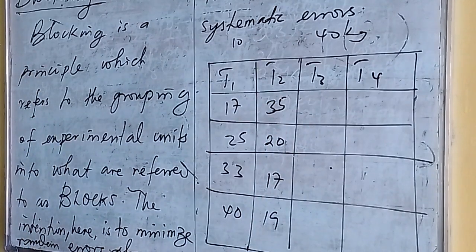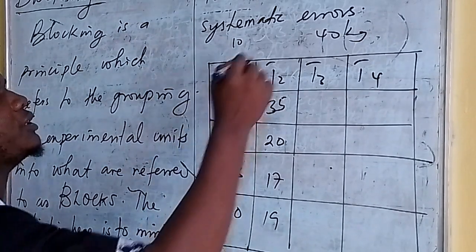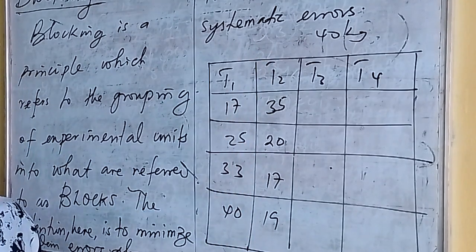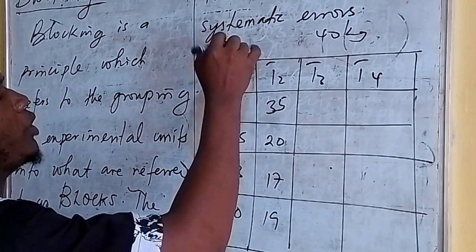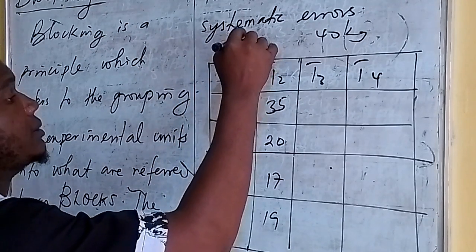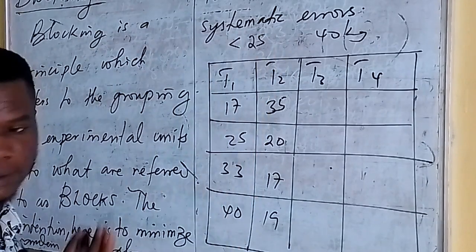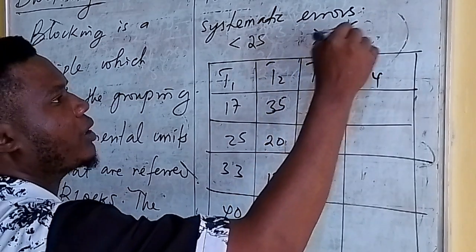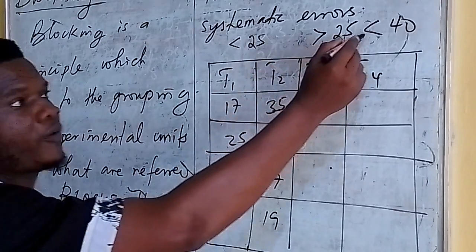Now, I could decide to introduce a blocking parameter or condition such that the blocking condition is first, in every treatment, I want 2 blocks. And in each block, one block will be for weight less than 25, for instance. And the other block will be for weight greater than 25, but less than or equal to 40.